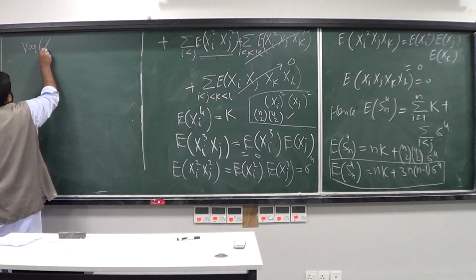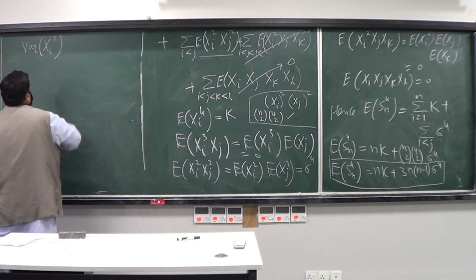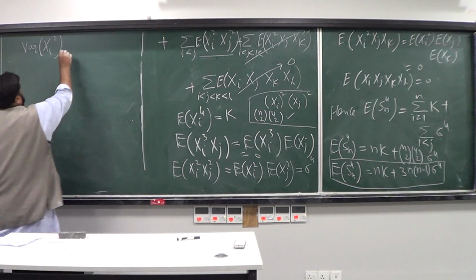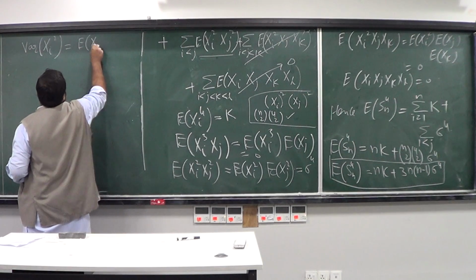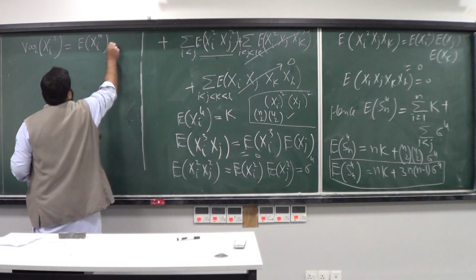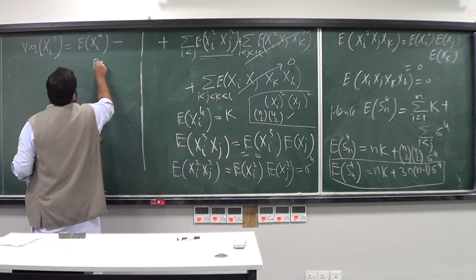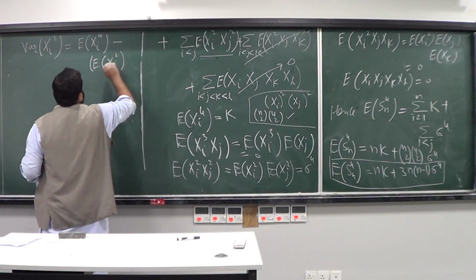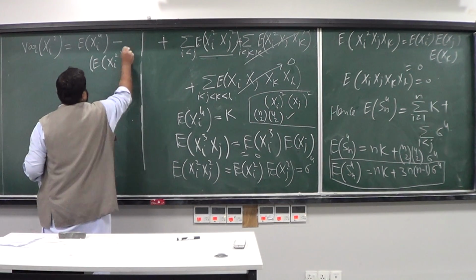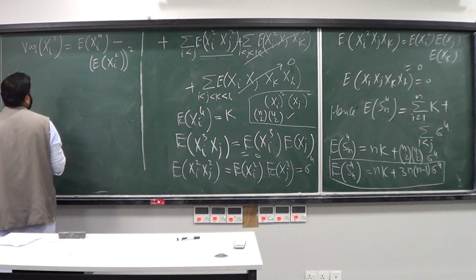Let's compute the variance of xi square. The variance of xi square is going to be the expectation of xi to the power 4 minus the expectation of xi square, whole squared.